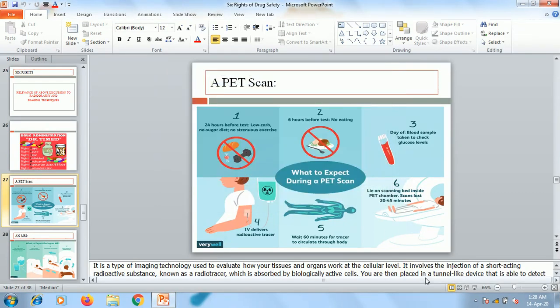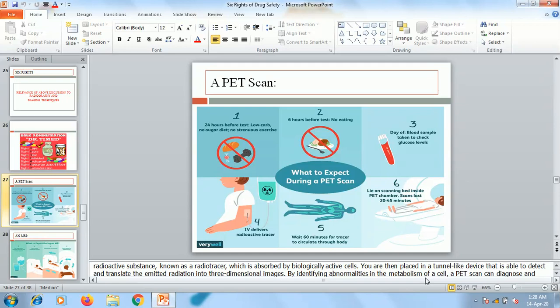It involves the injection of a short-acting radioactive substance that is known as radiotracer, which is absorbed by biologically active cells. See, any diseased cell will have a different absorptive capability. A biologically active cell will absorb an appropriate amount of radiotracer.